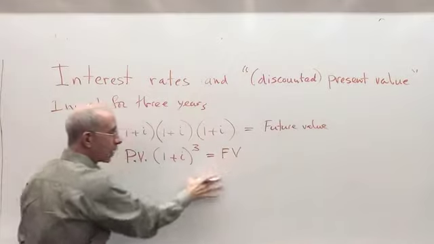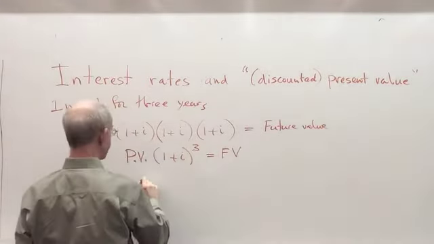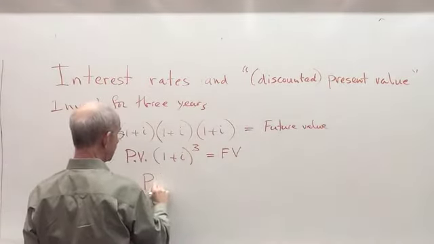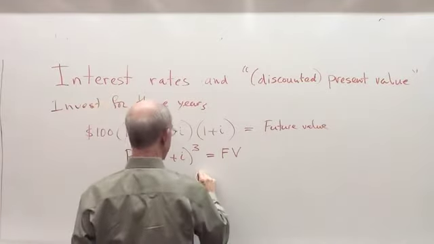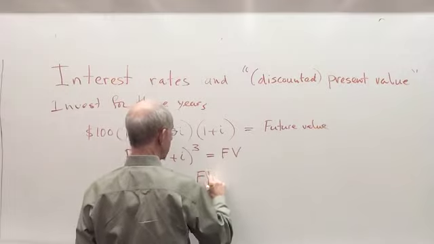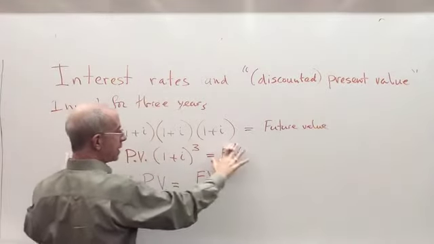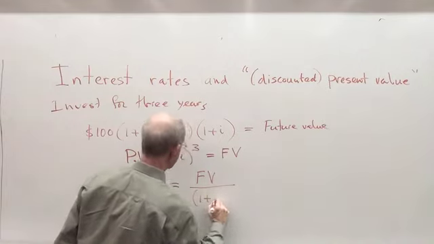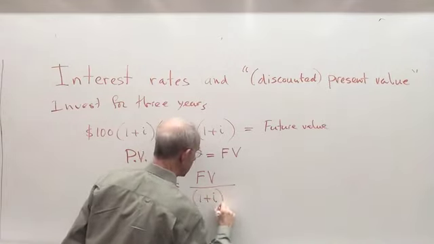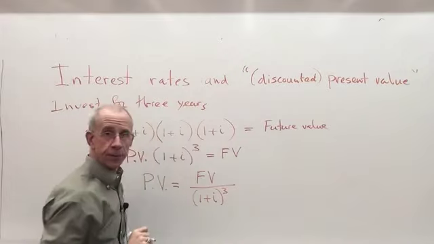I can rearrange this to say that the present value is equal to the future value, and I'm going to divide both sides by 1 plus the interest rate cubed.